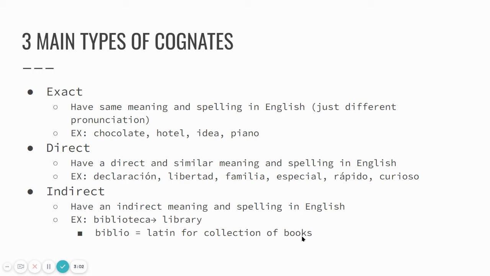So, for example, we have the word biblioteca. And a biblioteca is a library because biblio is Latin for a collection of books. So that's where libraries, where we keep our books. So you can see that it has kind of evolved a little bit more.